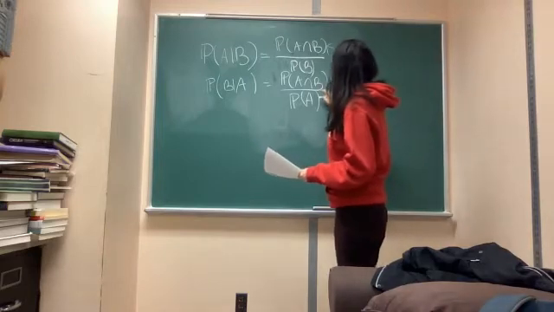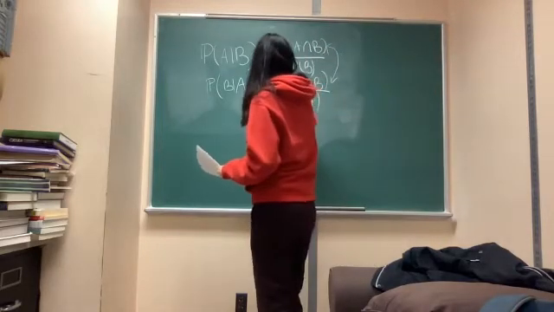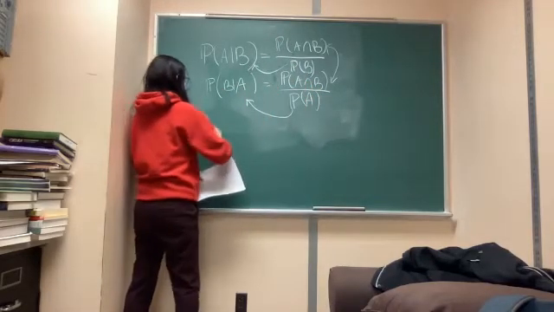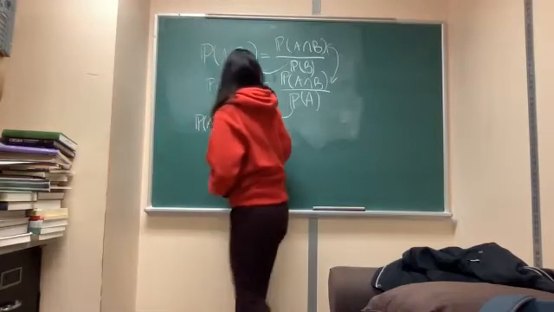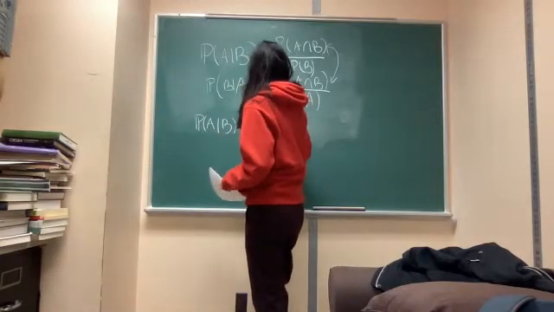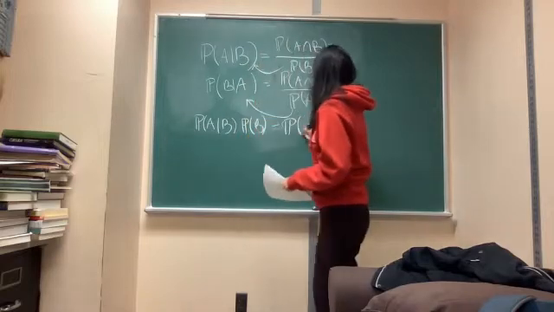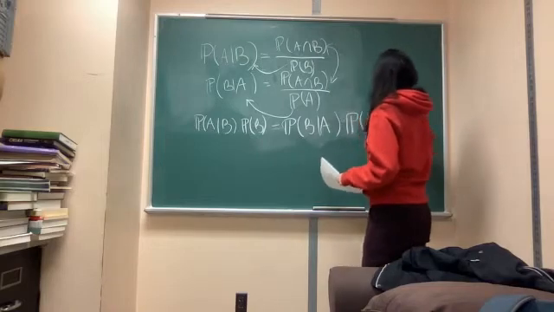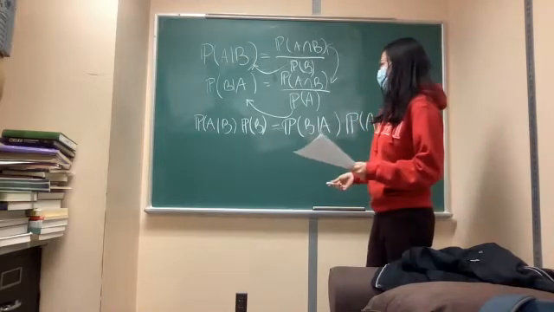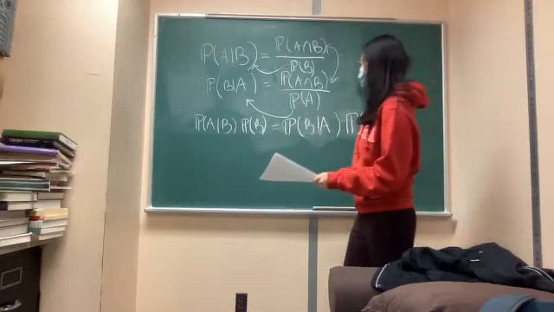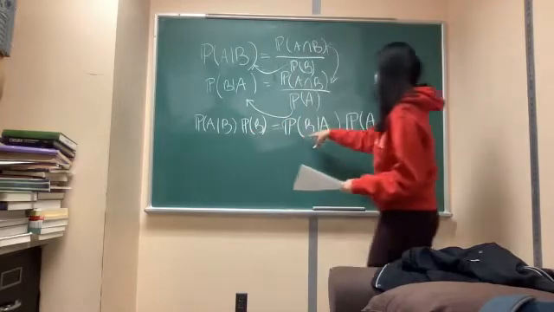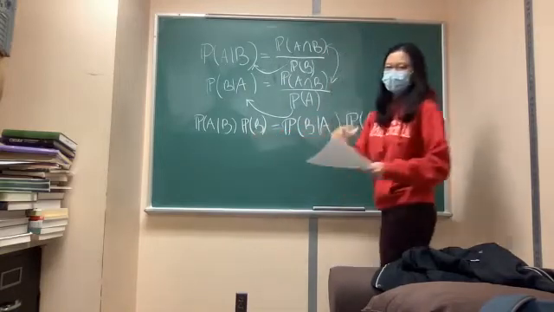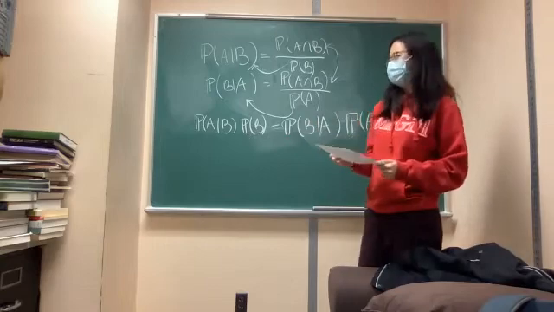If you rearrange this, what you get is the probability of A given B multiplied by the probability of B equals the probability of B given A multiplied by the probability of A. This is just one formulation of Bayes' theorem. Sometimes you'll see A given B equals the probability of B given A times the probability of A divided by this, but you just reconfigure it. So it's not really anything different.